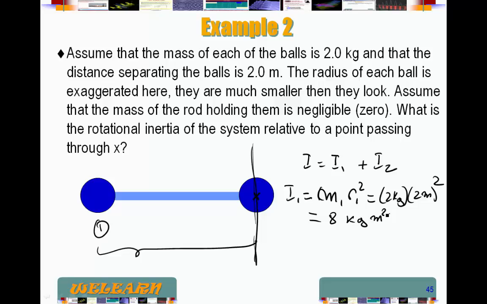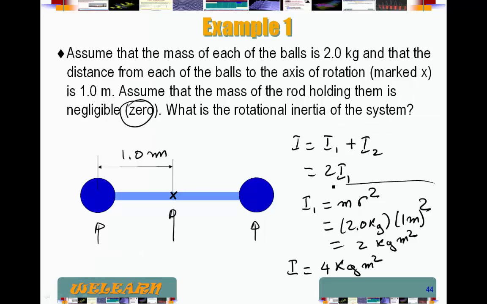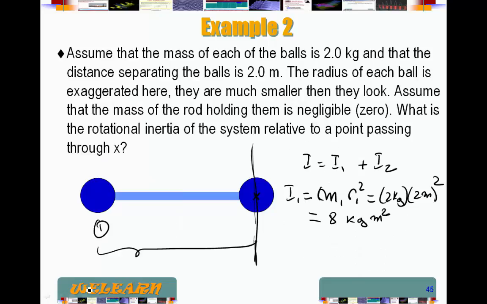Note first that this moment of inertia is larger than what we calculated here. It's much larger for that same mass, and that's because I have a larger distance away from the axis of rotation.